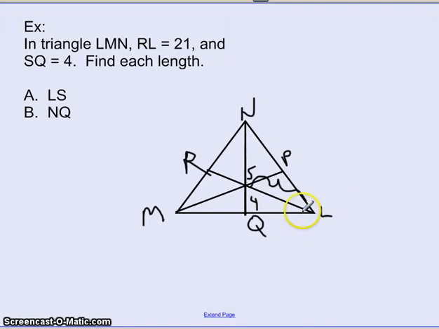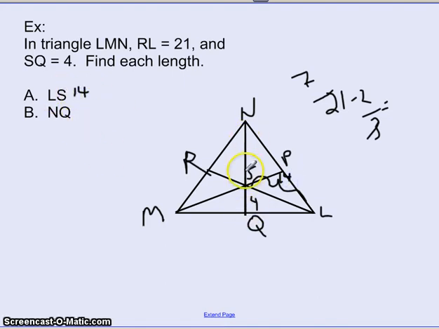Okay, alright. Well, from looking at the triangle, we have the distance RL as 21, so we know that LS would be 2/3 of that distance. So I think all we have to do is multiply 21 times 2/3, and that's going to equal, looks like 14. So this distance here would be 14 for LS.